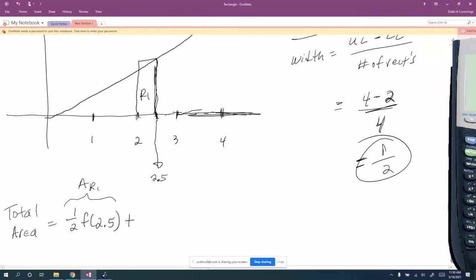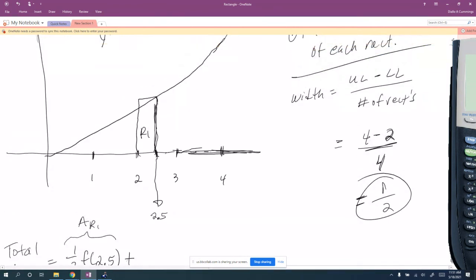plus the second rectangle runs on the interval from 2.5 to 3. We're taking the rightmost endpoint, so we're going to take the endpoint at 3.